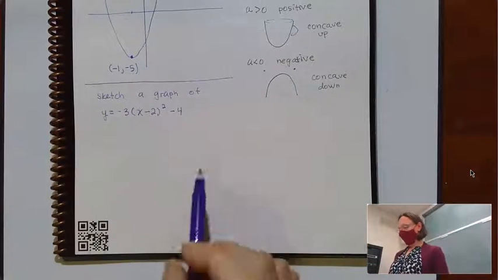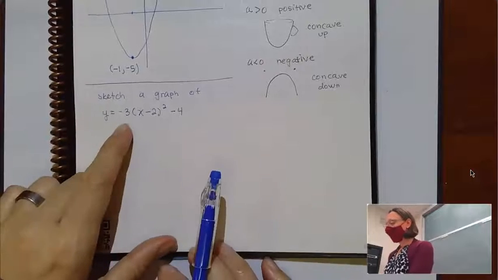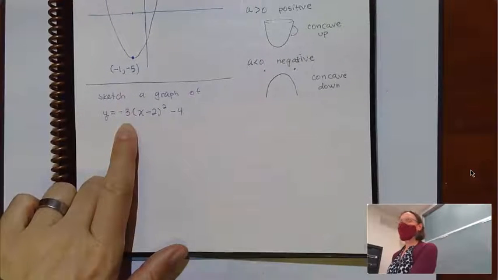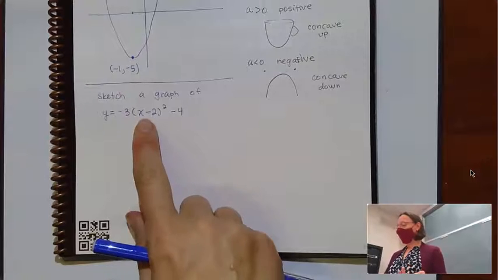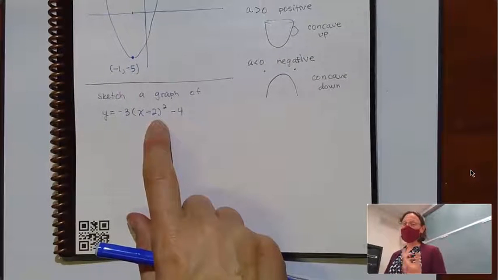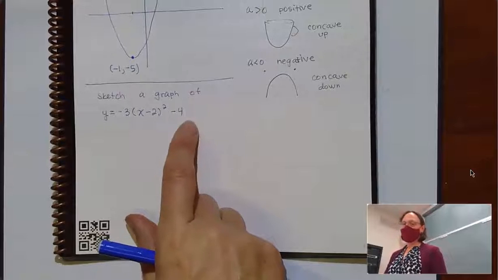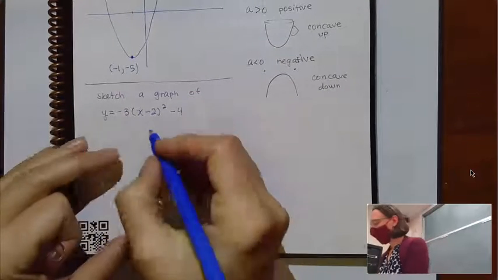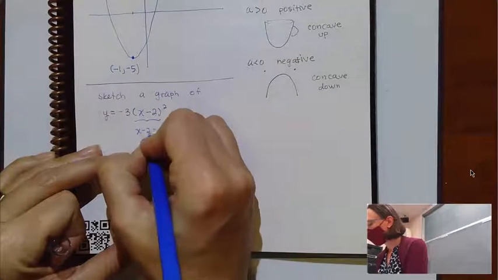Things to notice. If we wanted to just rely on this looking exactly like our vertex form, that -3 tells me it's going to be concave down. This already has that x minus something, so that means h would be a +2. And what's hanging off the back is going to be k, which would be -4. Or we take the stuff in parentheses, set that part equal to 0.